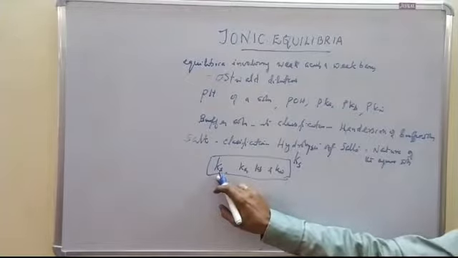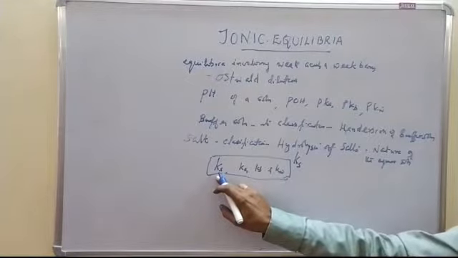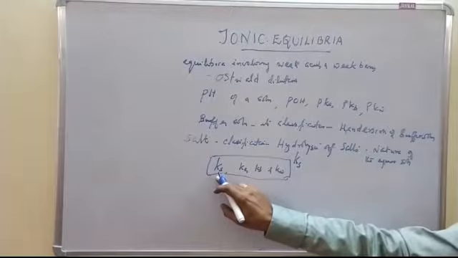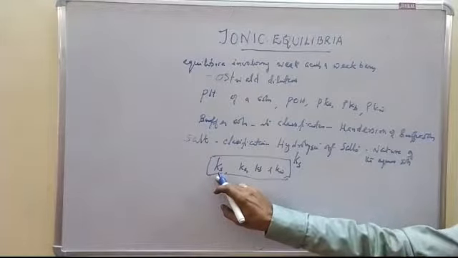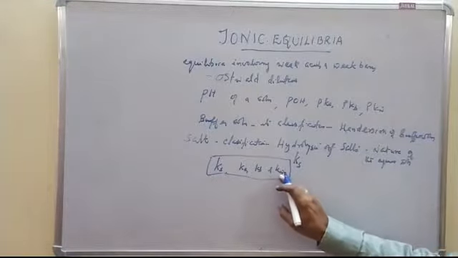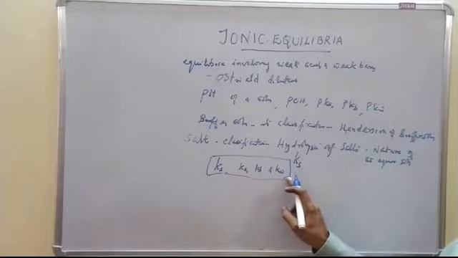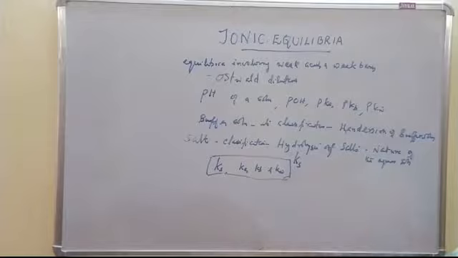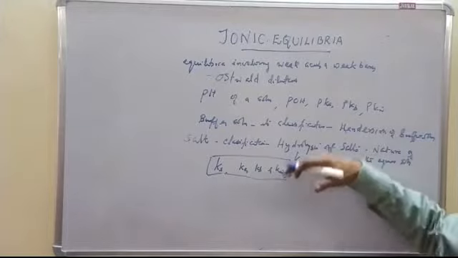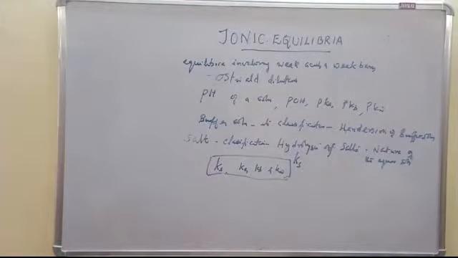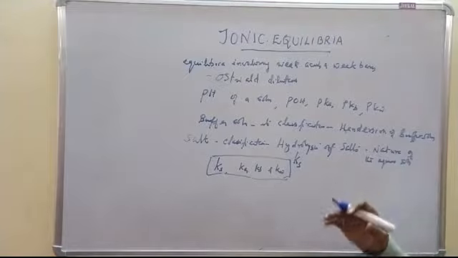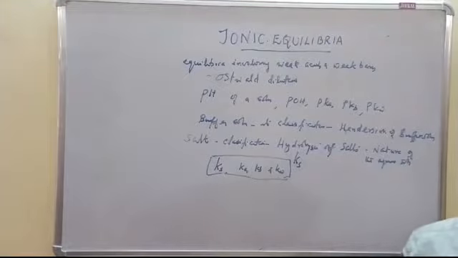We have different types of salts, so we have to derive the expression for Ks of different types of salt and their relation with respect to Ka or Kb through Kw. We have to derive this. This is very important. So these are the important things we have to discuss in the topic Ionic Equilibria.